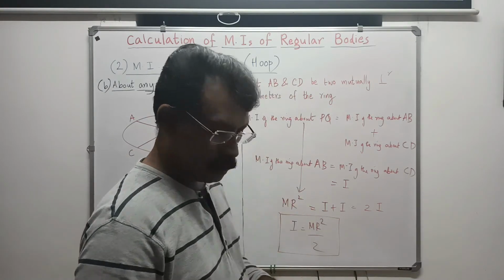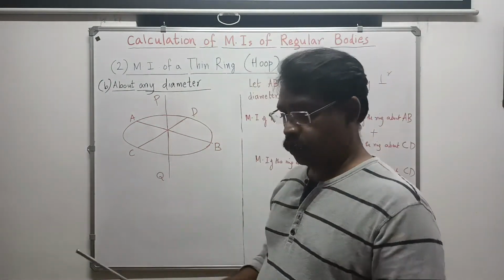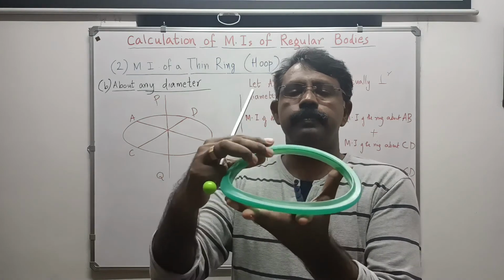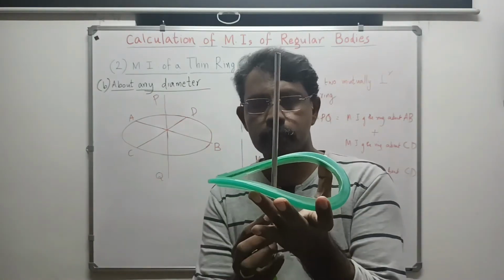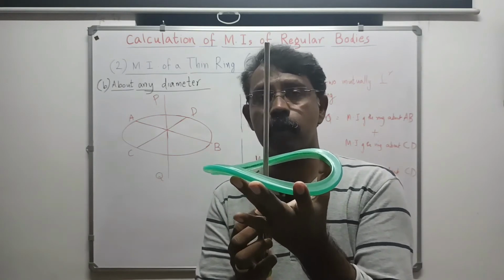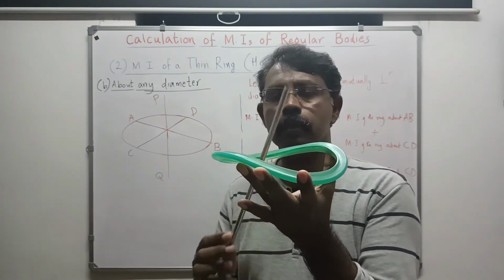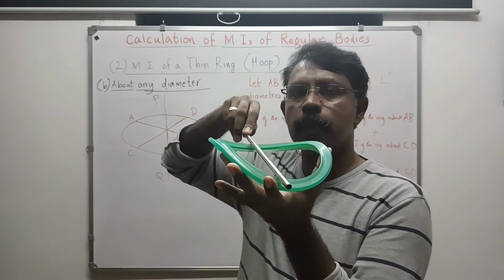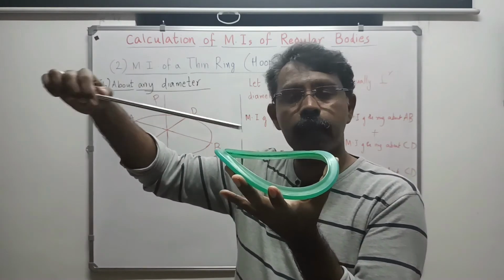So remember that when I consider a ring about PQ, this axis, I considered first, about this axis the moment of inertia of the ring was MR squared. Now I am calculating about this axis as well as another mutually perpendicular axis in the plane of the ring.